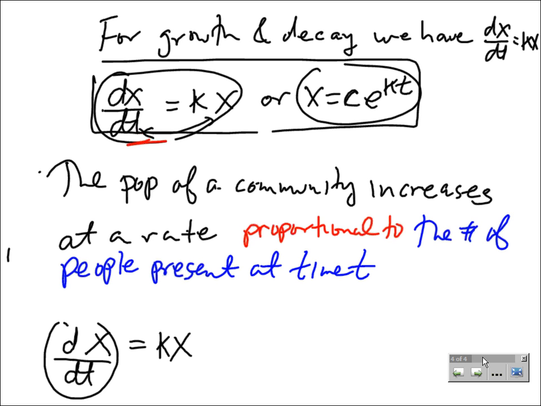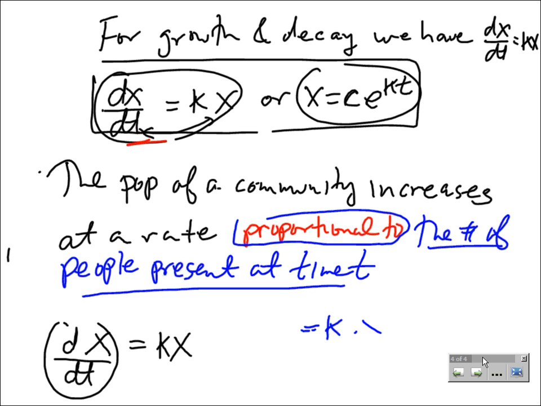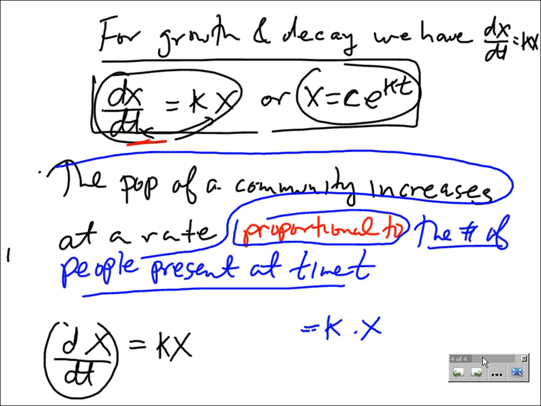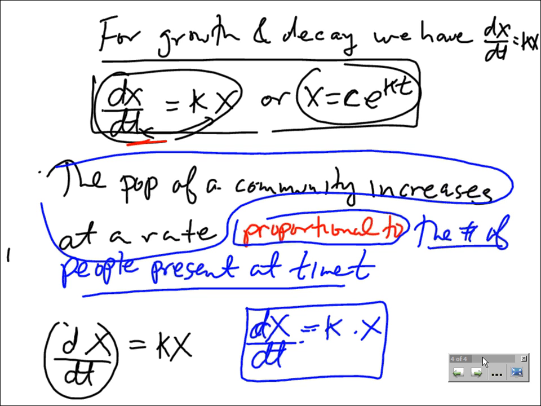So let x be the number of people. So proportional to means equals k times. The number of people present at time t is x. And the population of the community increases at a rate. That's the population of the community. And if it increases, that means derivative. So that's how we get this formula.